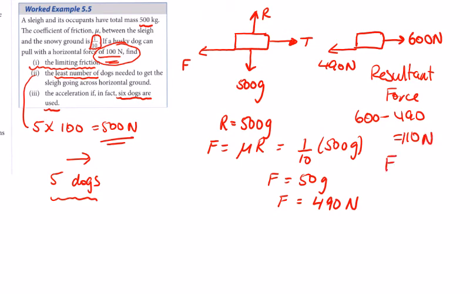So F is equal to ma, that's my acceleration. So 110 is equal to the mass, which is 500, times the a. So a is equal to 11 over 50, or 110 over 500. So a is 0.22 ms to the minus 2.